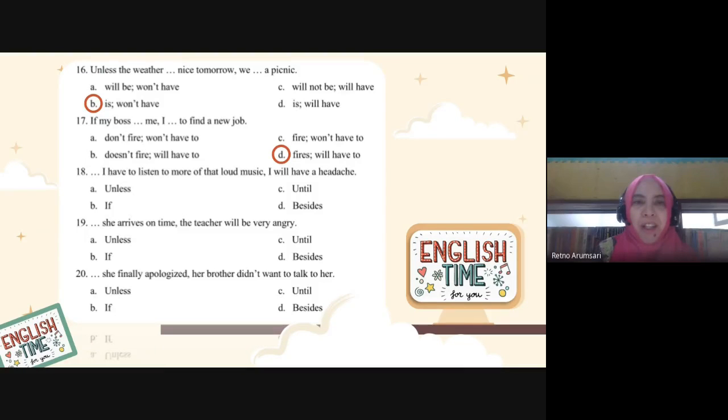You need to find the answer that makes the condition support the result. And because my boss is a he or a she, you must use s after the word fire. Fires, like that. If my boss fires me. Okay, thank you, Zaki.